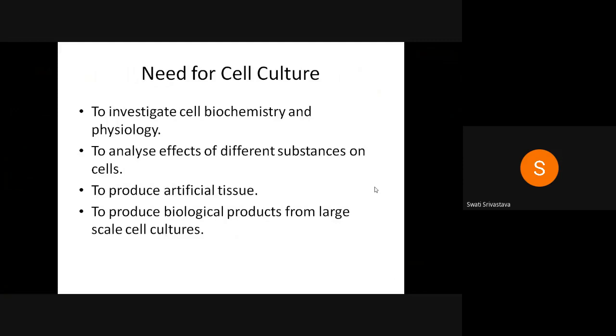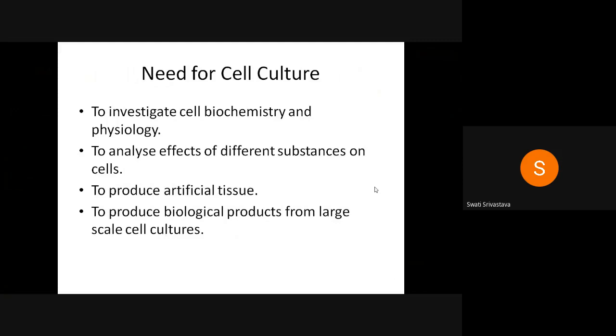In that case, the response that you will try to understand will be delayed, and it may take hours to analyze the effect of that particular medicine or a toxic substance. So if you want to reduce that time duration, if you want to make the process easy and practical, then you can use cell culture. It will definitely reduce the time duration, the expenditure, and the effort also.